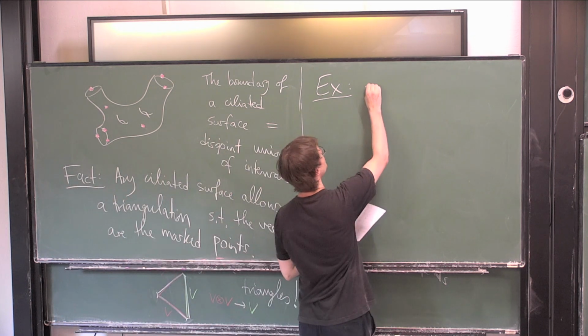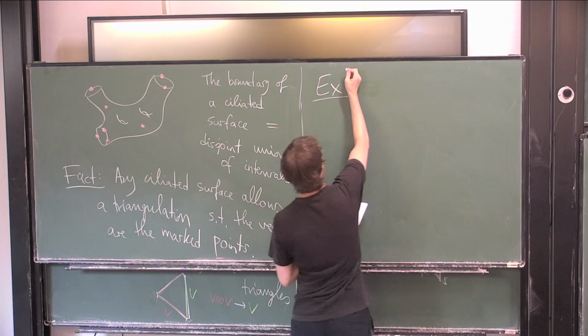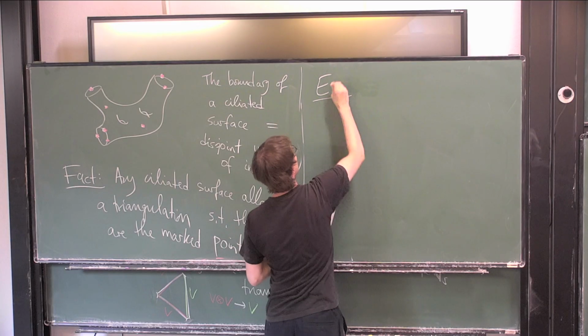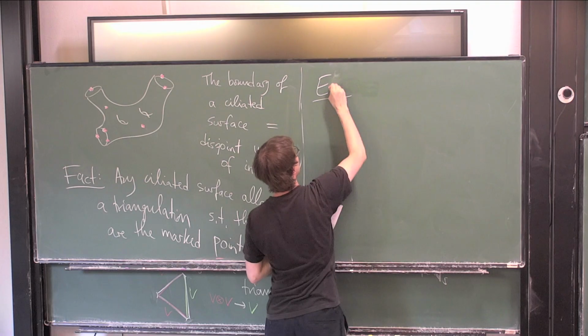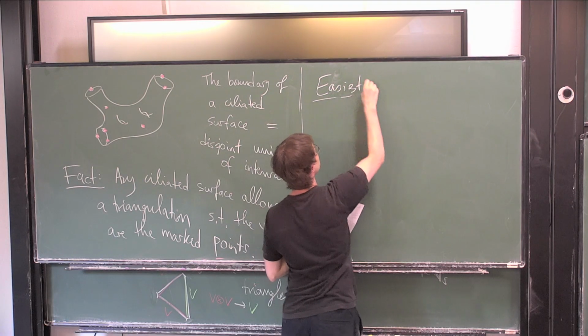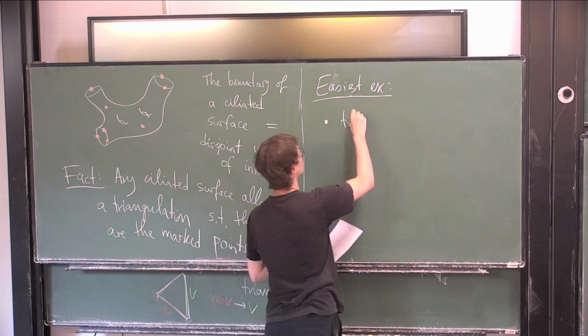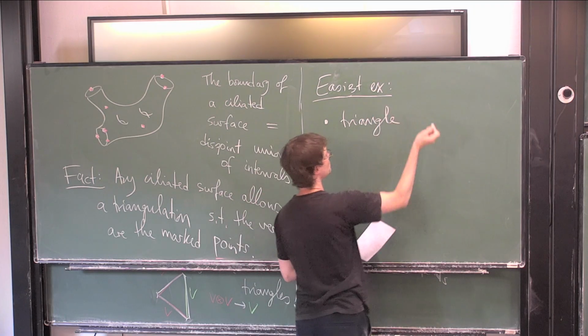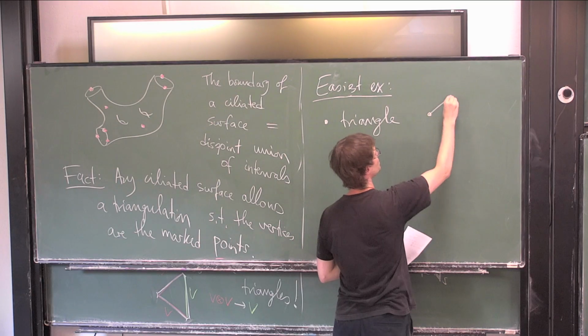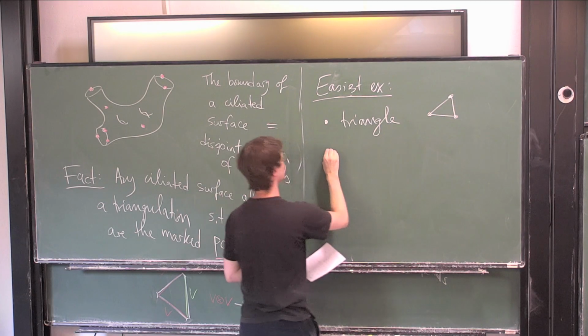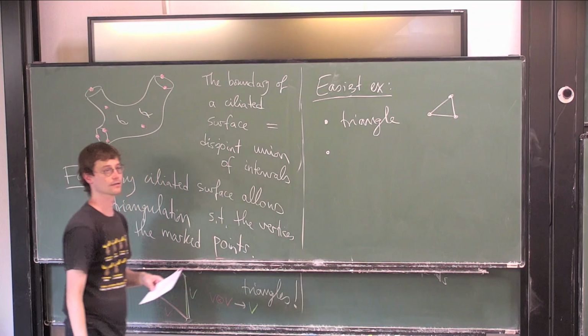Well, of course, you have the triangle. For example, let's say the elementary, or maybe just the easiest examples. Well, we have the triangle, literally just the triangle. But actually, there is something even easier than the triangle.